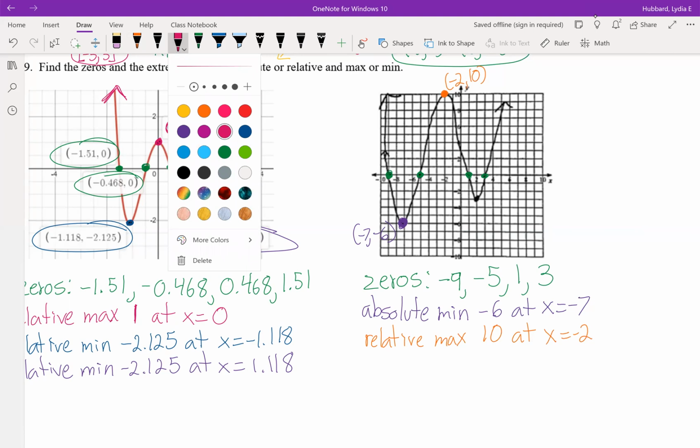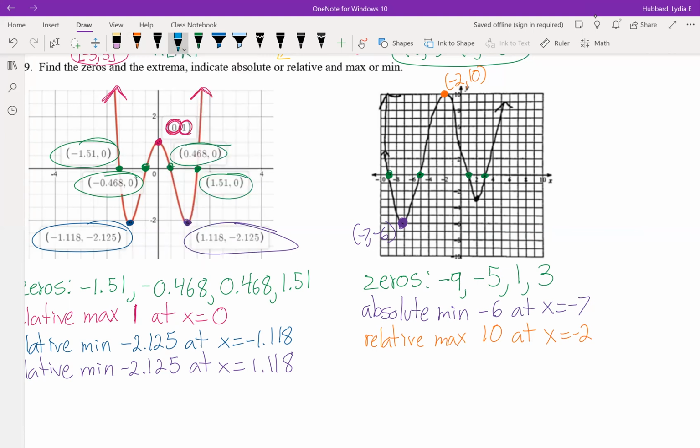Okay. Then we've got one more that's happening right here. And so this is a minimum, but it's not the lowest point on the whole graph. We already listed that. So this is actually a relative min. And that relative min is negative 3, but it's happening at x equals a positive 2.